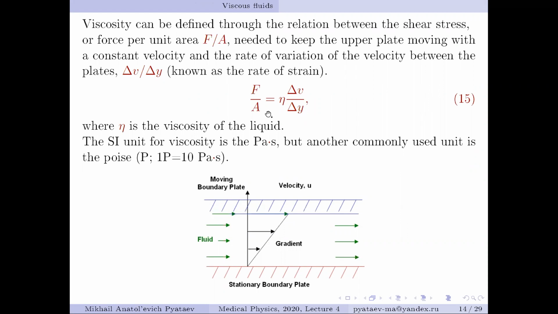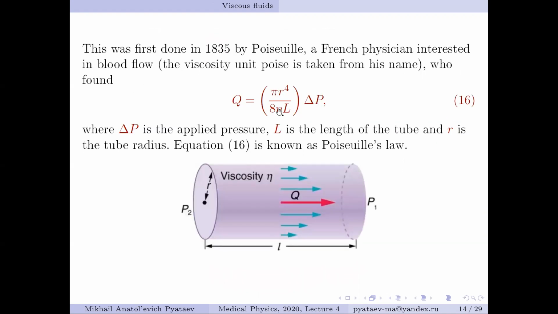Sometimes this relation is not valid. In other words, one can say that eta is not constant. It depends on the rate of strain. And those liquids for which viscosity is not constant are called non-Newtonian liquids. And blood is one of the examples of these liquids.